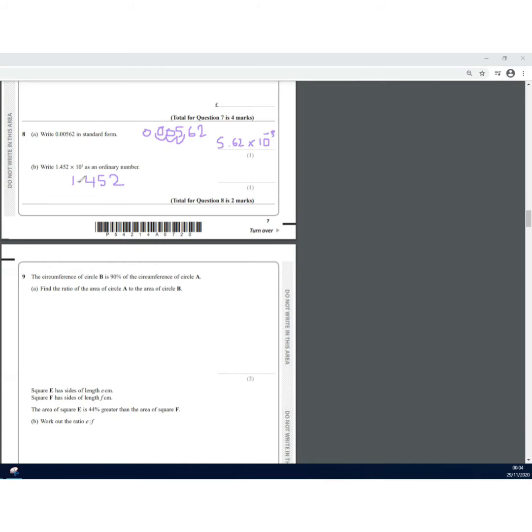If I move 3 places to the right, 1, 2, 3, that will give us 1,452. That's question number 8B. Let's move on to question number 9.